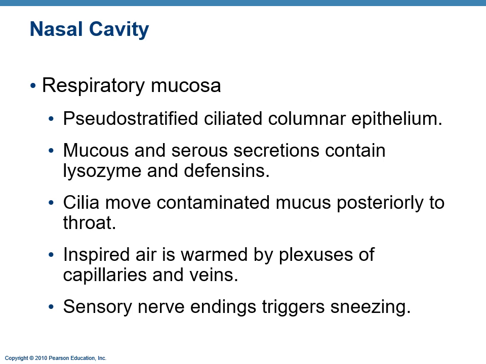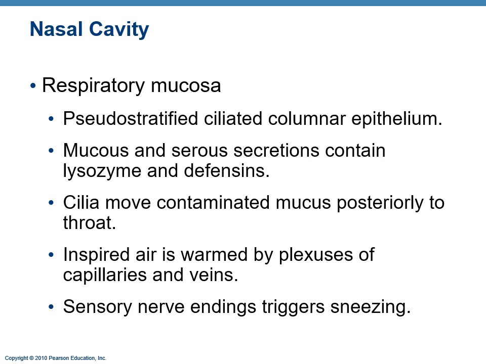The respiratory mucosa also contains both mucus, which is thicker, and serous, thinner secretions, which contain lysozyme and defensins, two antimicrobial and antifungal substances. Cilia also move any contaminated mucus that has trapped microbial life posteriorly to the throat, where it'll be swallowed or coughed up.